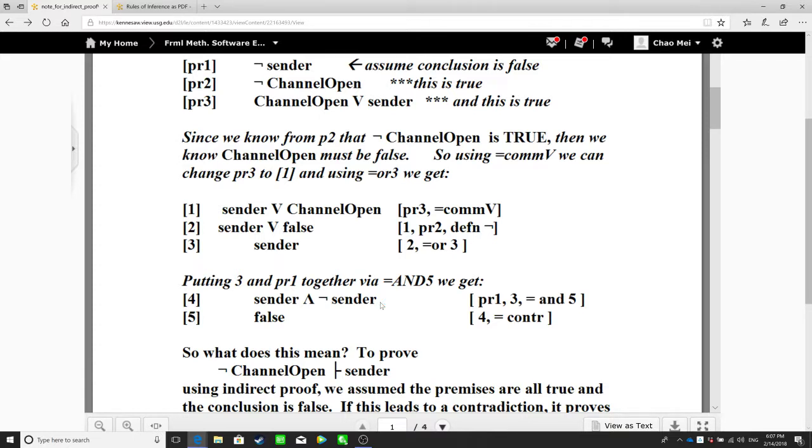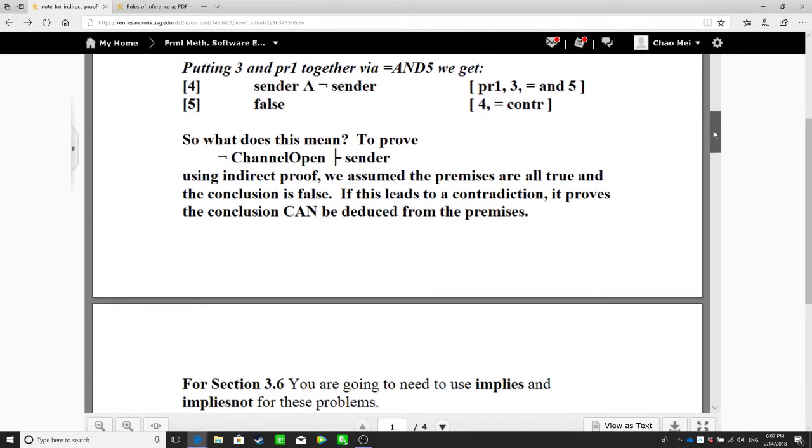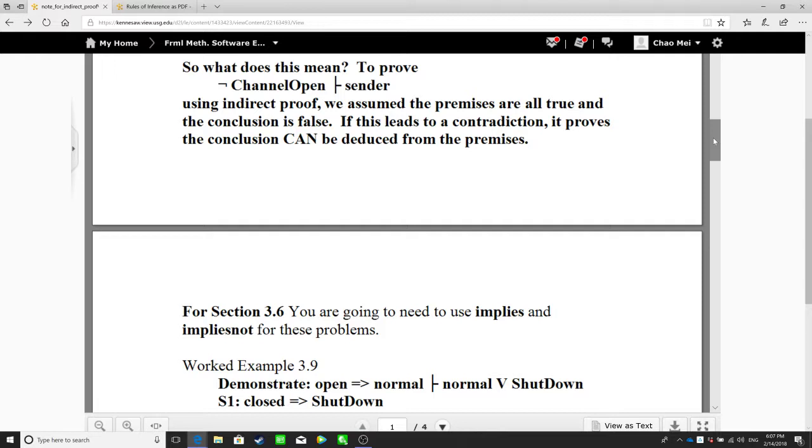Okay, so that's how we find this contradiction. All right. So we assume all the premises are true and the conclusion is false. Generally speaking, if this leads to a contradiction, it proves the conclusion can be deduced from the premises.